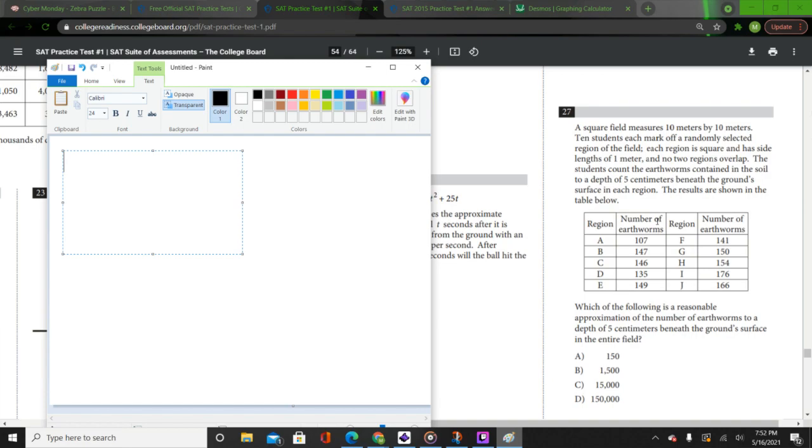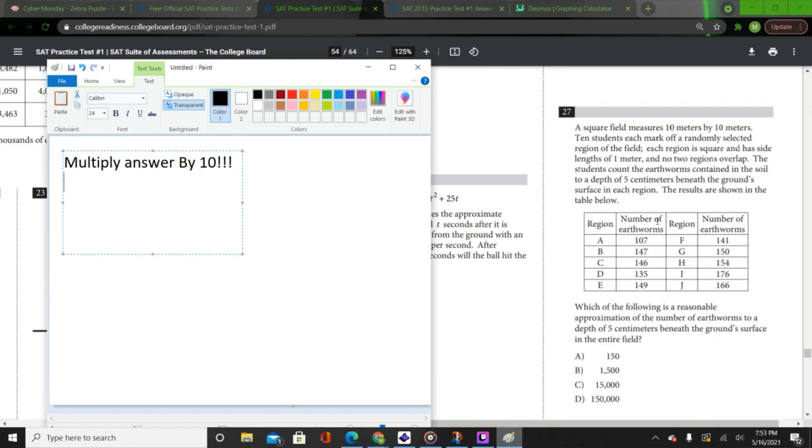Each region is a square and has side lengths of 1 meter and no two regions overlap. Alright, so that's interesting. Each region is 1 meter by 1 meter and there's 10 of them. So you really only get 10 square meters of the 100 square meters. So we're going to have to multiply our answer by 10. And that's pretty important, right?